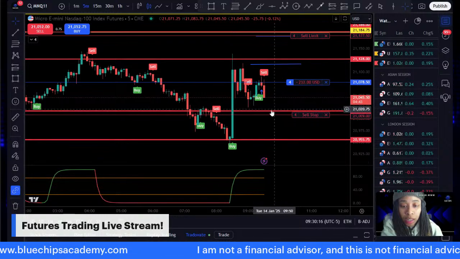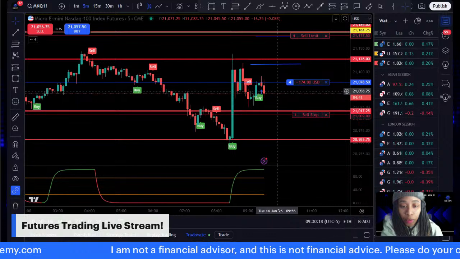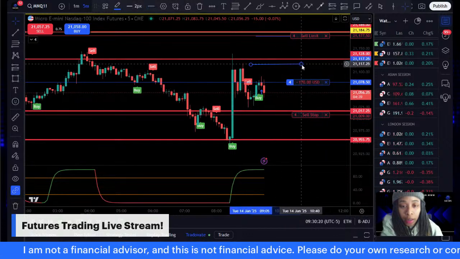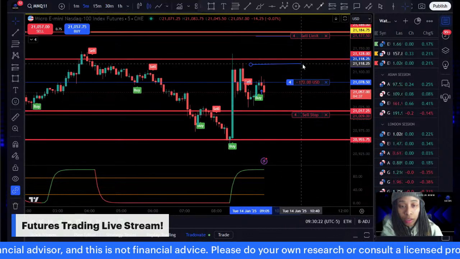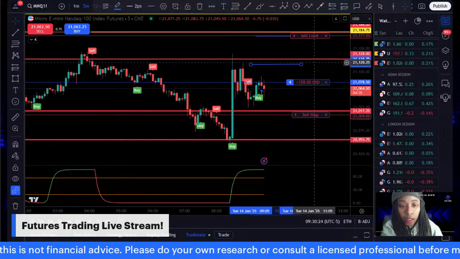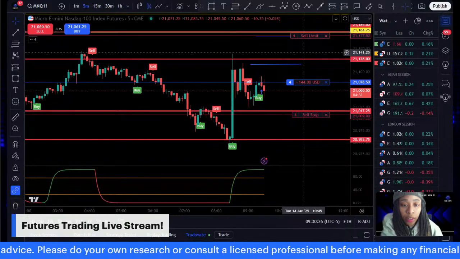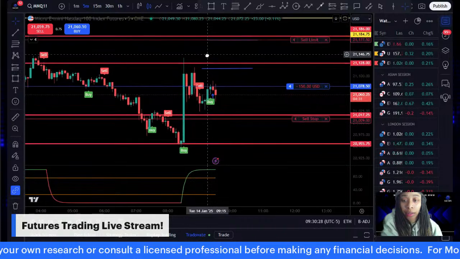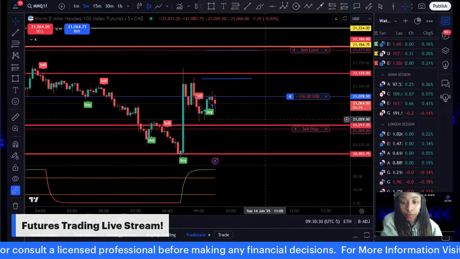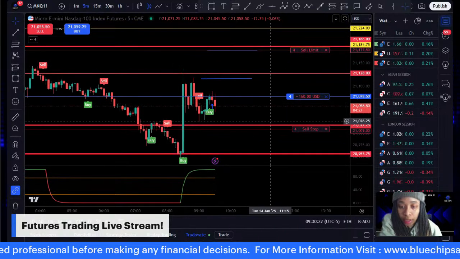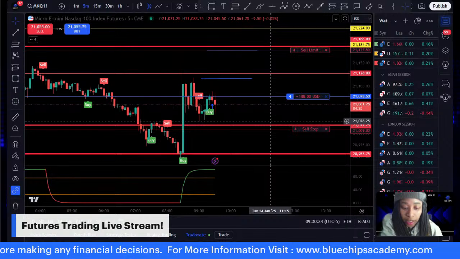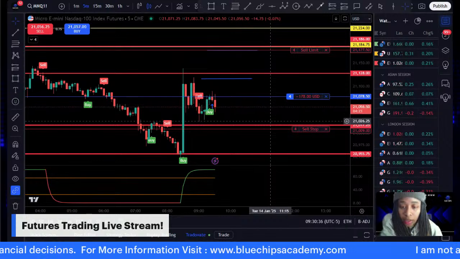If it breaks this level, then we have to be open for the sell, right? But we're going to stick to our setup here, and let's see if we get what we're looking for today. Here we go, guys.